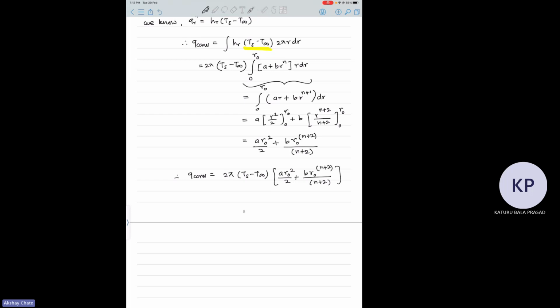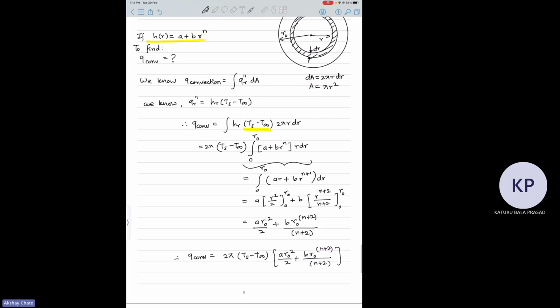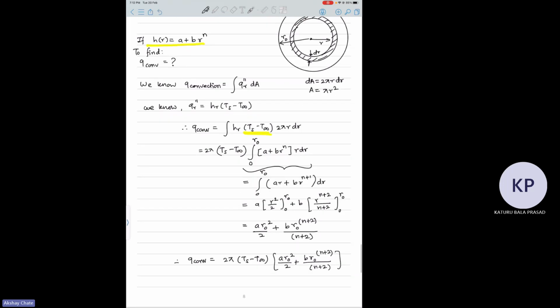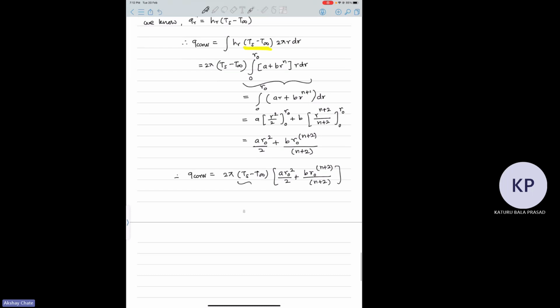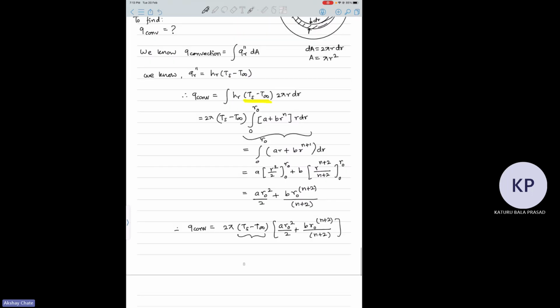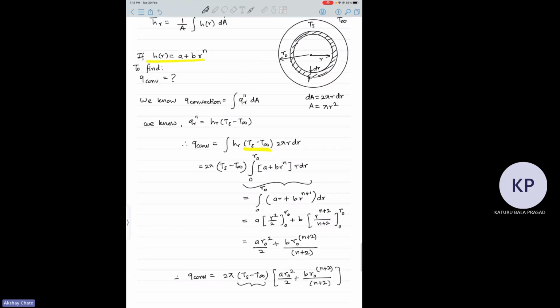Here I have taken Ts minus T infinity, assuming Ts is greater than T infinity, but in the problem it is the opposite: the hot gas jet T infinity is greater than Ts. Only this term will change, but the remaining thing is the same, so you can figure it out. There is nothing to figure out; the solution is right in front of you. I hope it is clear now. So like that you have to see. Okay, what else is there?